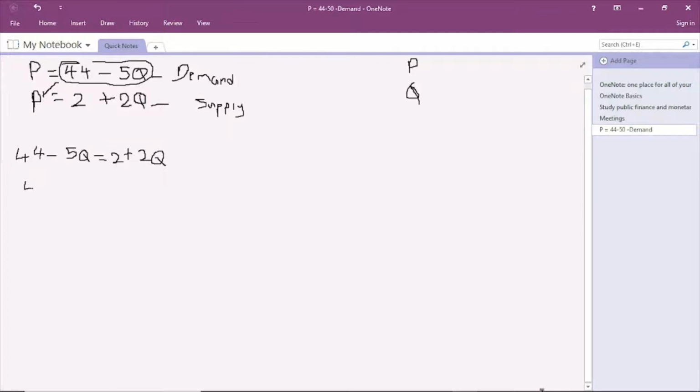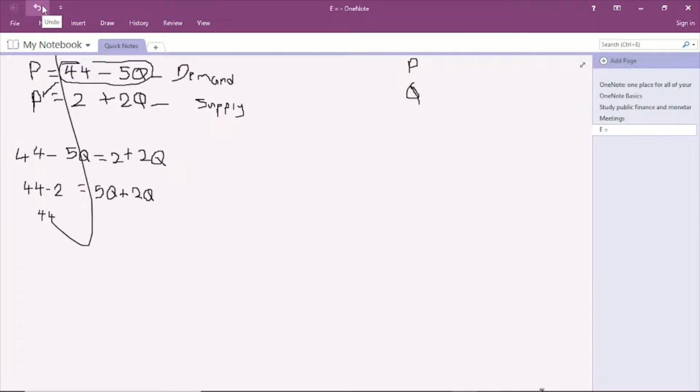So what you do, remember in algebra we collect the like terms together. So you have 44, then you have 2, equals 5Q plus, so here you have 42, oh sorry, not 42, no 42, it's not 42, no it is 42, I haven't just written it properly.